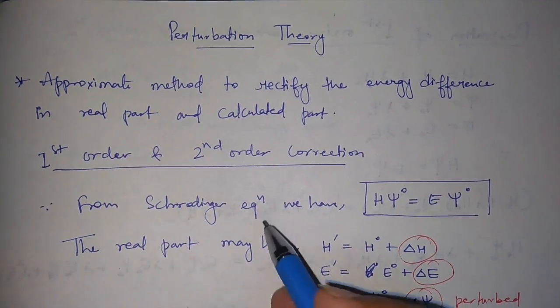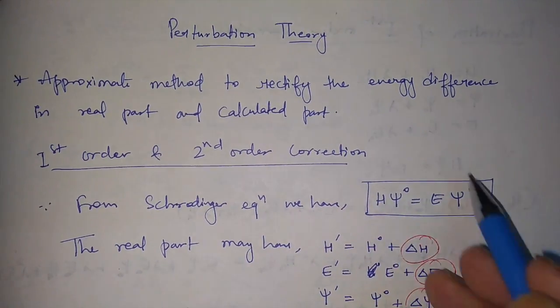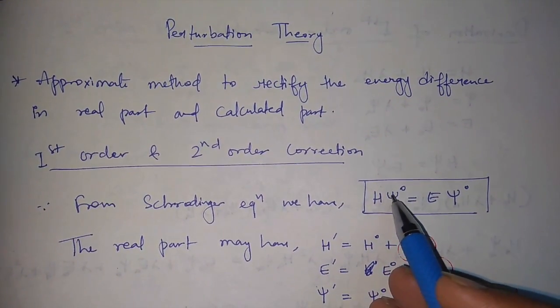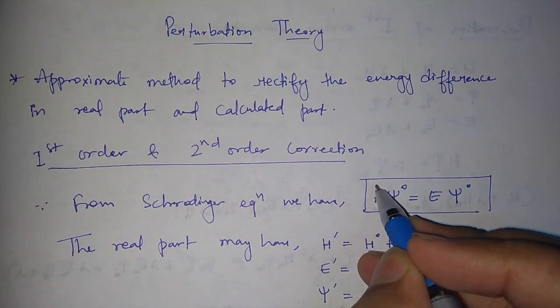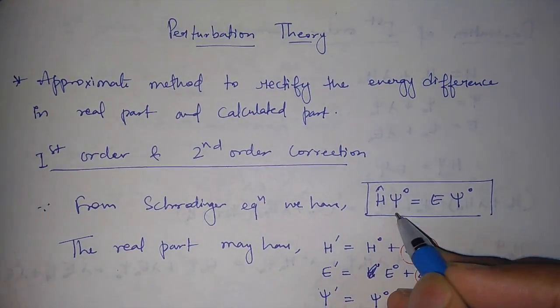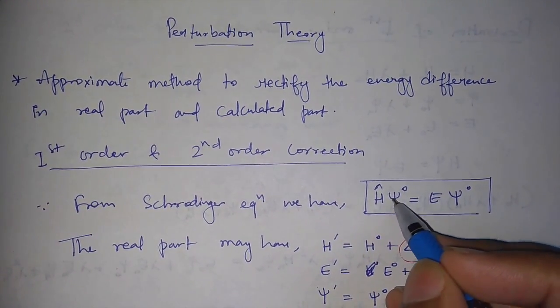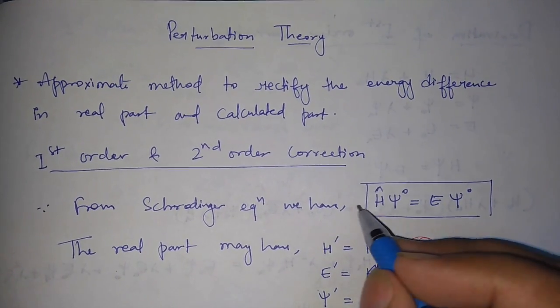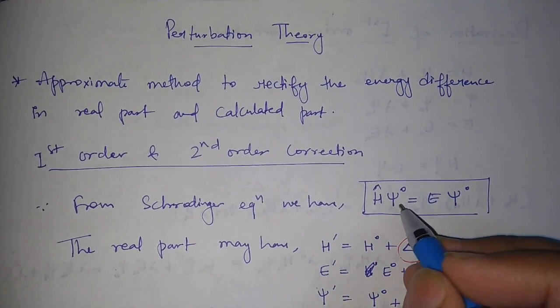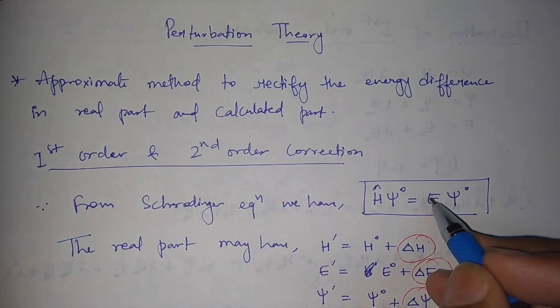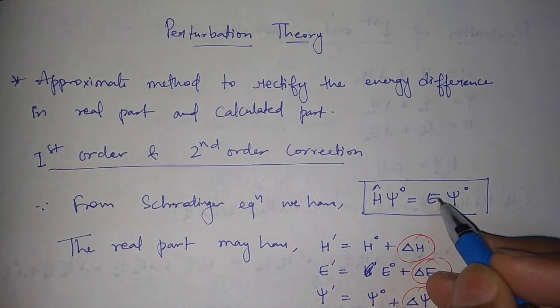So we know that from the Schrodinger wave equation, this is the simplest form of the Schrodinger equation, that is H psi naught equals E psi naught, where H is your Hamiltonian, right? And psi is, let's say, a wave function on which we are applying this Hamiltonian operator, and we are getting an eigenvalue of it, that is the energy of the system.